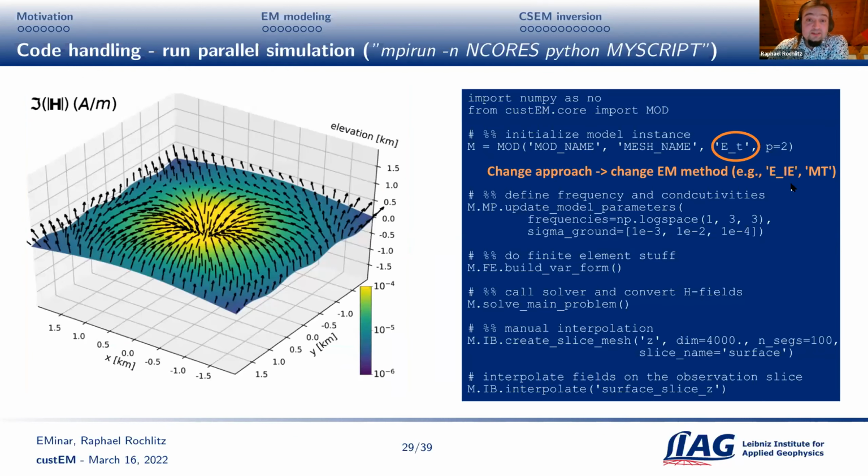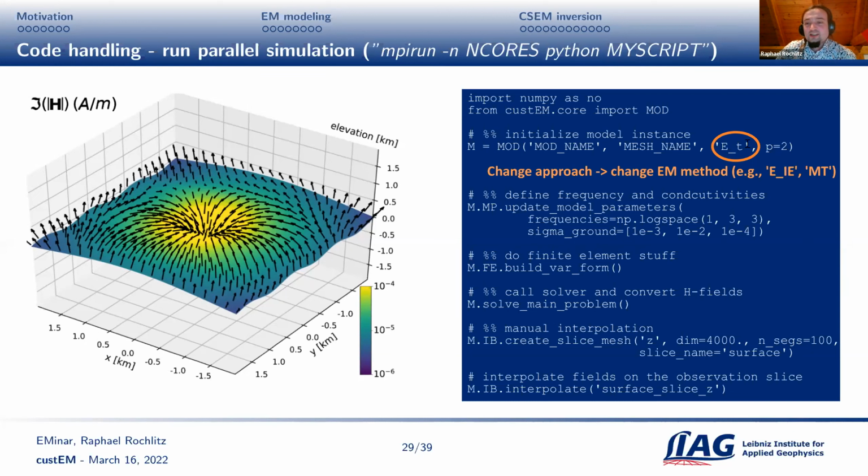And for running our simulations, preferably in parallel with MPI run syntax, modeling code could look like this. So we need to initialize a modeling class. And the interesting point is here: the approach determines the method. Basically, most of the other things do not change.